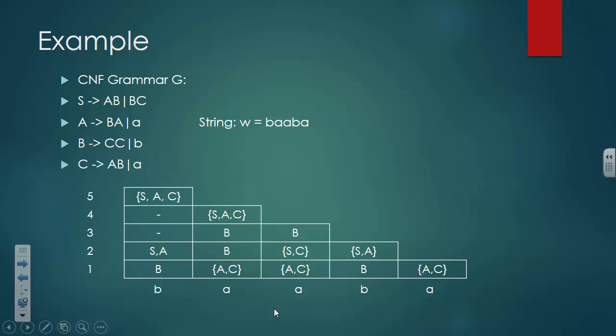This basic process continues for the rest of the triangle, giving us the complete triangular table that you can see on the slide. The last row, which in this problem is the fifth row, needs to contain the starting production in order for the string to be in the grammar. In this case, our starting variable S is located in the last row, so the string is in the grammar.